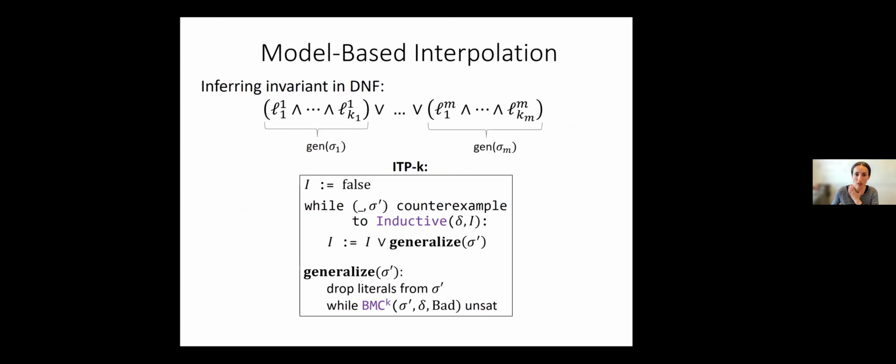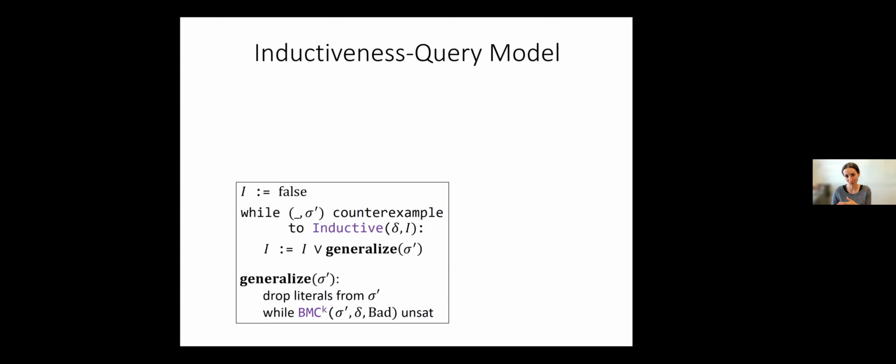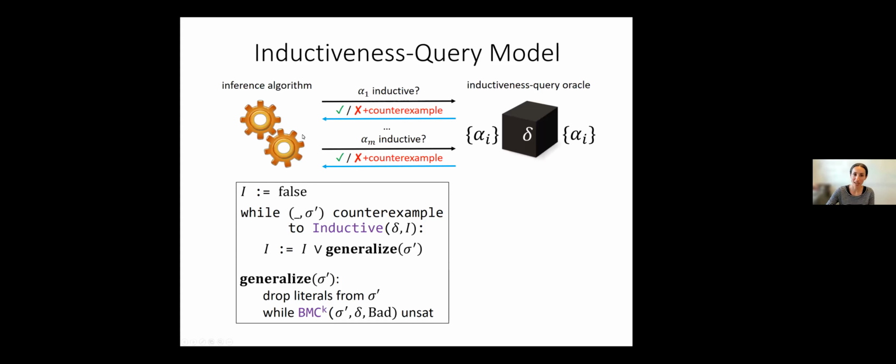Okay. So this was the pseudocode and the final invariant that we get in DNF. Now, hopefully, if the algorithm is clear, what I want to do is go back to the inductiveness query model and ask whether we can really capture this algorithm, which is a SAT-based algorithm, in this model. This is a reminder of the inductiveness query model, the kind of queries that we can ask.